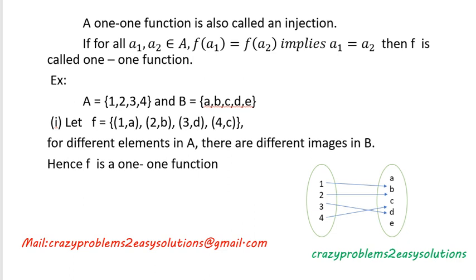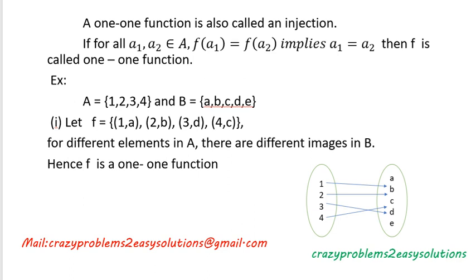That means for all a1, a2 belonging to A, f(a1) = f(a2) implies a1 = a2. Then we can say f is a one-to-one function.